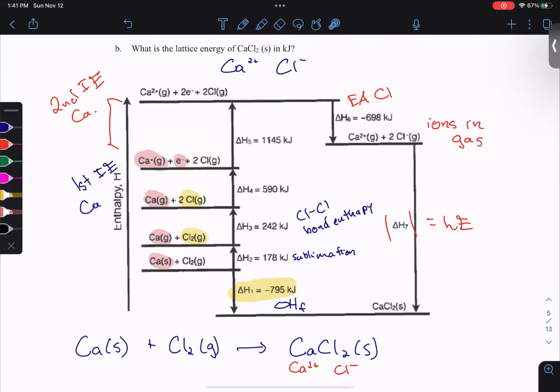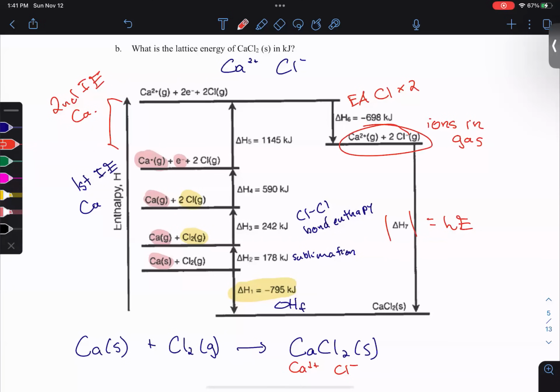We actually have to do it twice because we need two chlorines, two chloride anions. So if you look up the book value for the electron affinity of chlorine, we would have to double that value to get this negative 700 kilojoules value, all right? Okay, and so after that last step, the electron affinity of two chlorine atoms, I'll just put a ×2 there because there's two chlorines there.